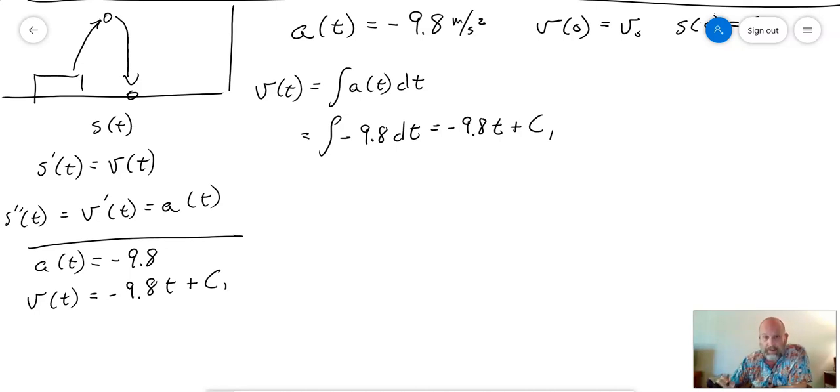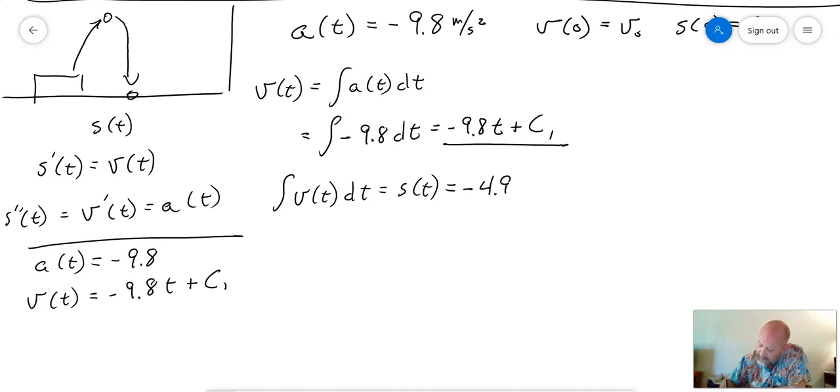Okay. Now, if we want to keep going, we found the velocity. Let's integrate one more time to find our position function. So the integral of velocity is going to be my position function, which is going to be, let's see here, the integral of t is going to be t squared over 2. So that means I have to cut the 9.8 in half. So that's negative 4.9 t squared.